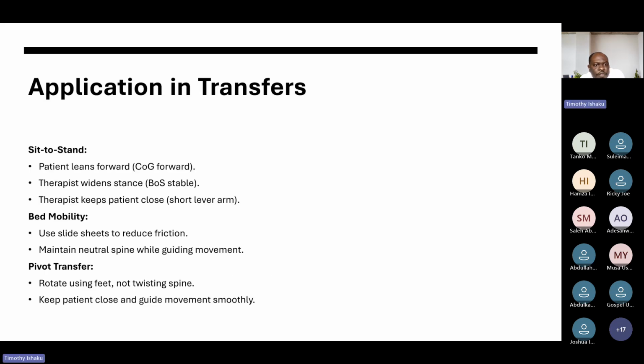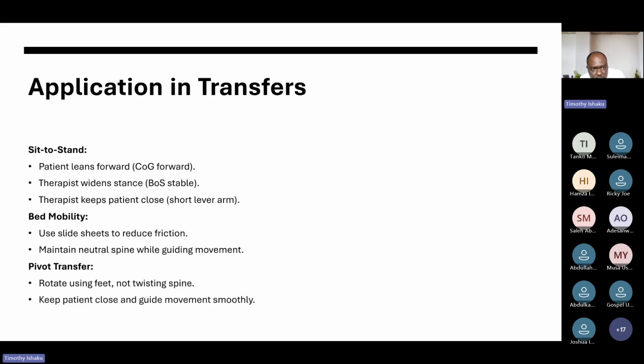And in terms of transfers, the application of the same principles in transfers. In sitting to standing, when you're transferring patients, where possible, you can use the same principles that affect the displacement of the body to your advantage.